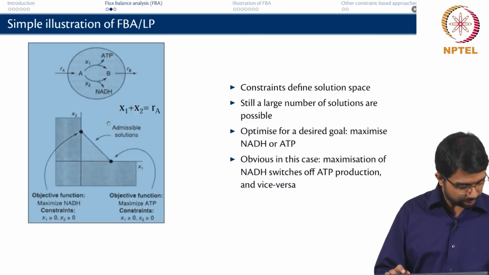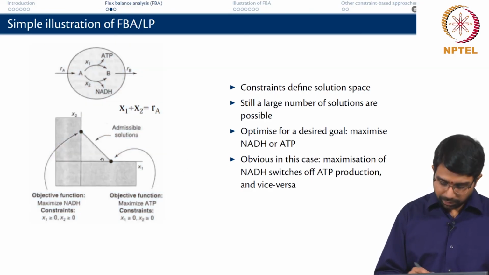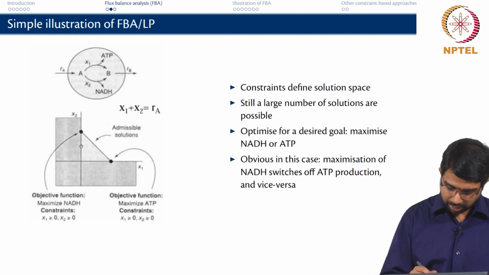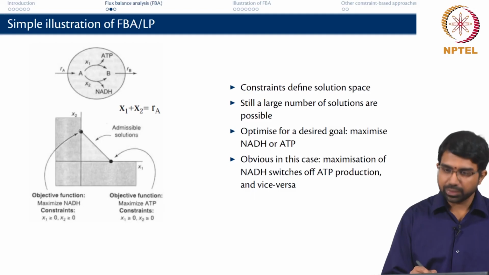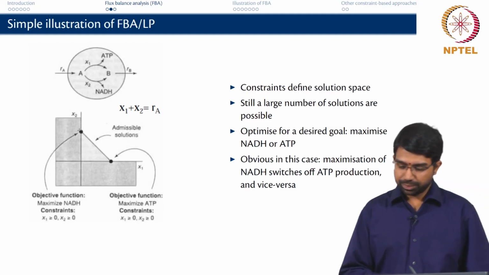Because of that, all your solutions lie on this line. Now, you can say maximize x1, which means you will get to this point x1 comma RA comma 0, or you maximize this, you will get to 0 comma RA as the other point, right.